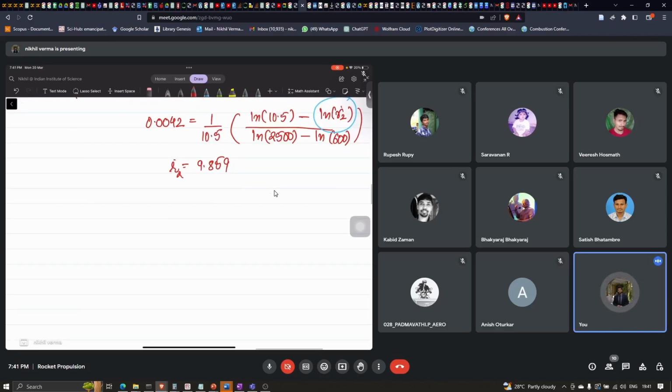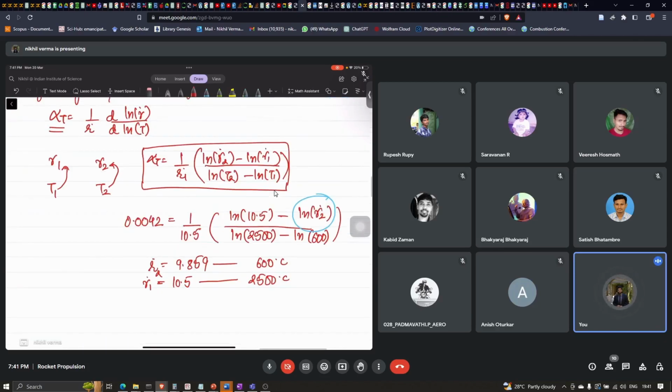So let us tabulate this. This is at 600 and r1 is 10.5, which is at 2.90. Okay, so this is what this parameter tells you. Okay, any doubts on this?